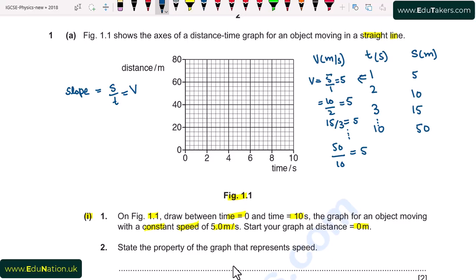So we have to draw these points on the graph. The first points will be 1, 5; 2, 10; 3, 15; and so on. The last will be 10 and 50.